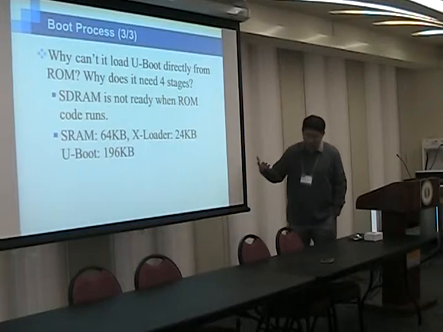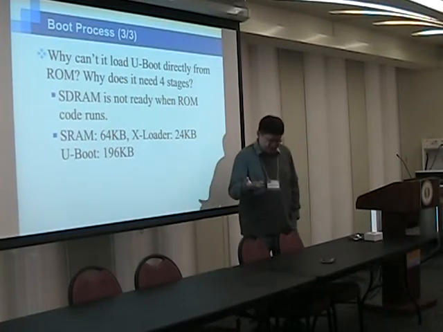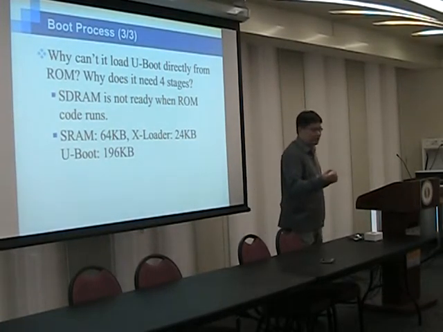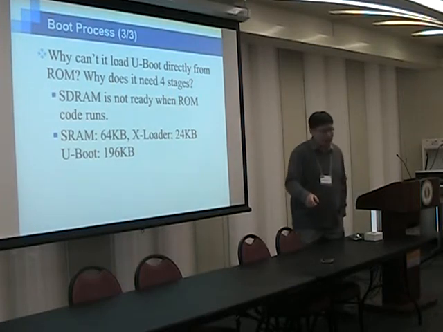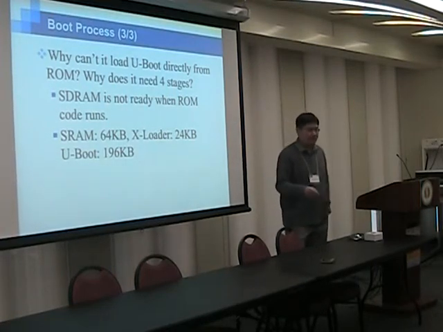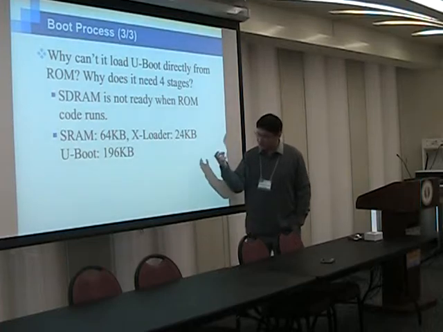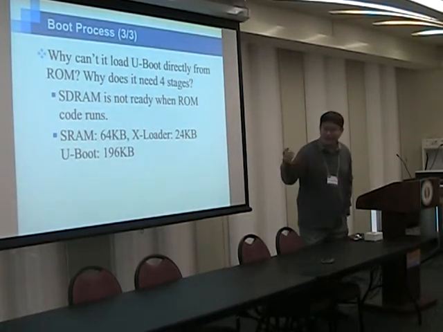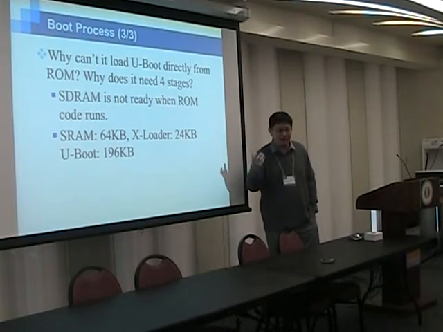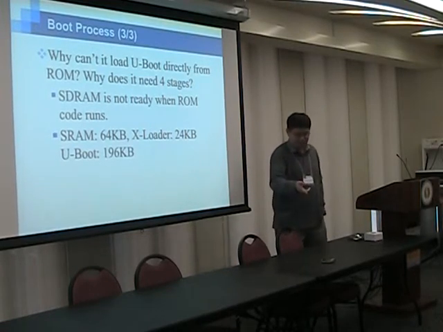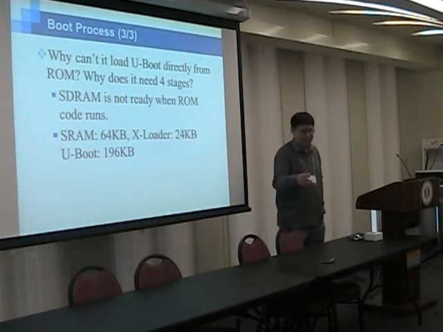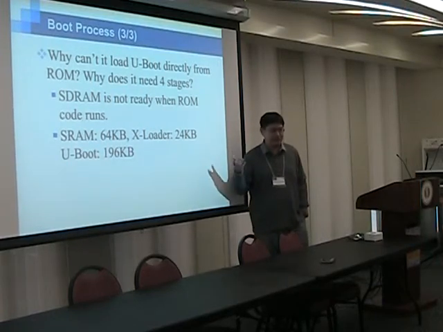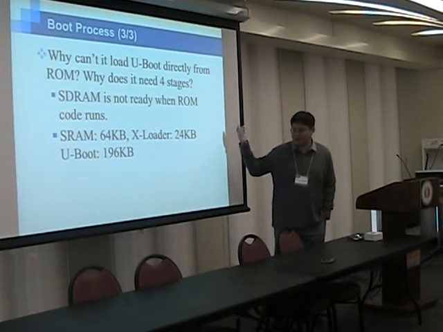Well, there are reasons. One of the reasons is that when the ROM code starts running on this microprocessor, it only has about 32 kilobytes, and in such limited size, there's not much you can do. At that level, the only resource you have available is the SRAM on the microprocessor. You don't have the 512 megabytes of SDRAM ready yet, so you couldn't load anything that is large.